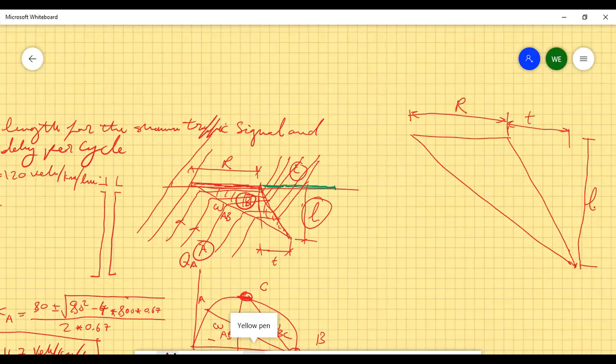So L, okay, here omega BC, and here omega AB.